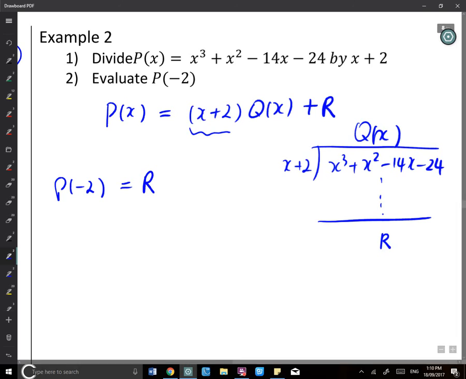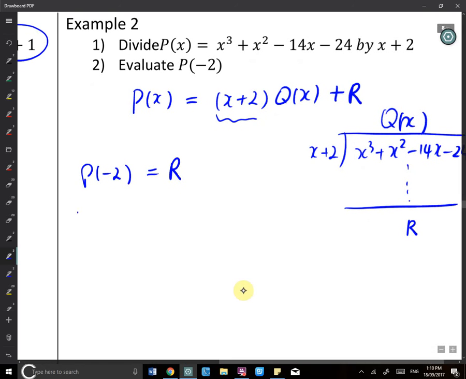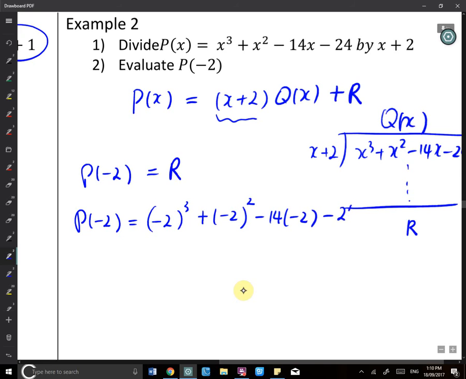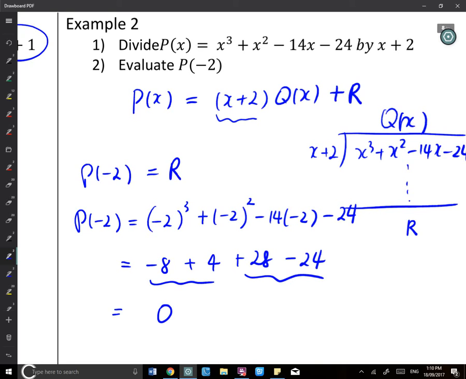So what is P(negative 2)? P(negative 2) equals negative 2 cubed plus negative 2 squared minus 14 times negative 2 minus 24. That's minus 8 plus 4 plus 28 minus 24. That's a minus 4, that's a plus 4, and we get 0.